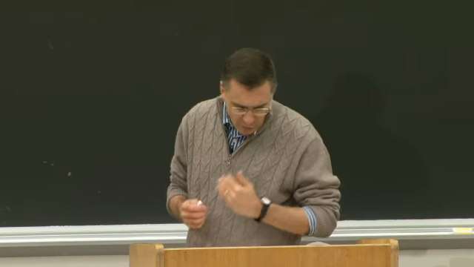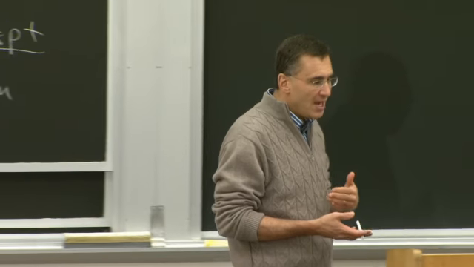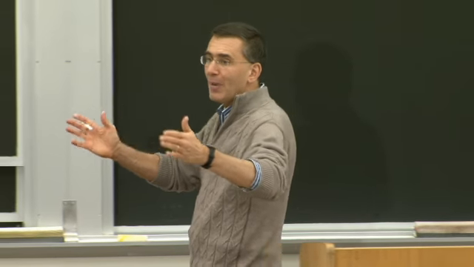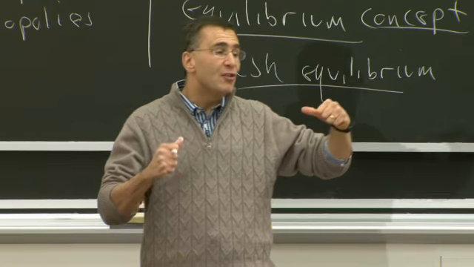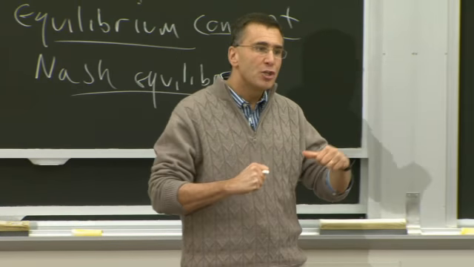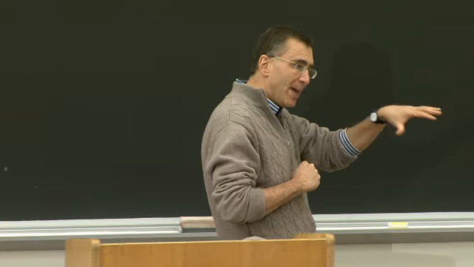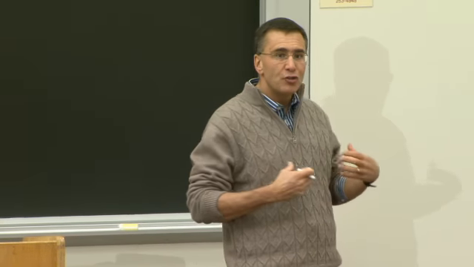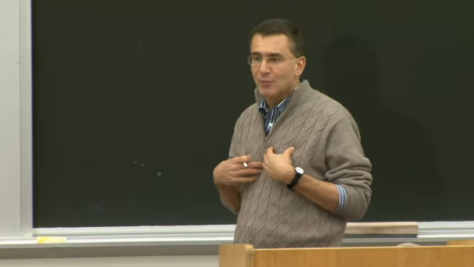In other words, more formally, the idea is that holding constant the strategies that all your competitors use, there's nothing that I can do to raise my profits further. Given the strategies all my competitors are playing, there's no strategy I can choose that will make me more profitable than the one I'm choosing.